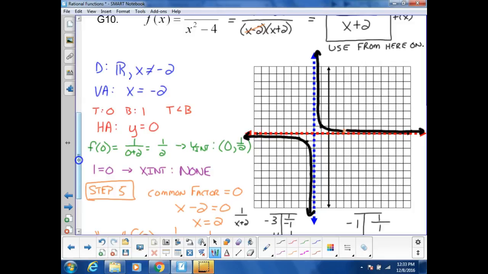As x approaches -2 from the left, my function goes to negative infinity. As x approaches -2 from the right, my function goes to positive infinity. Okay? So all of that stayed the same. The only thing that got added was this hole right there.